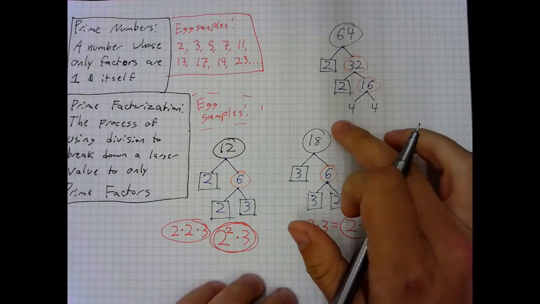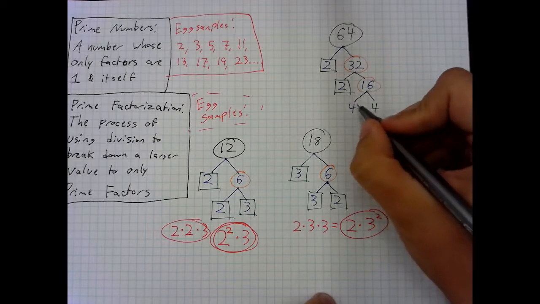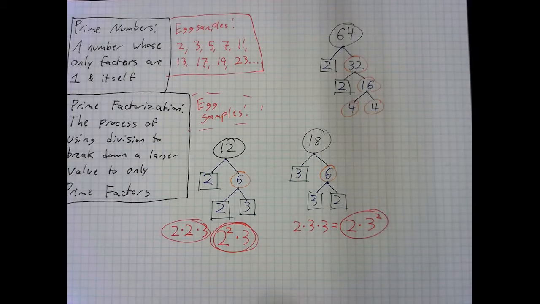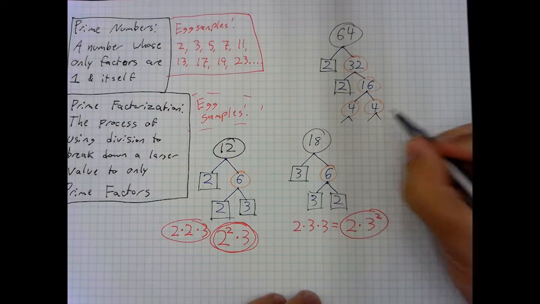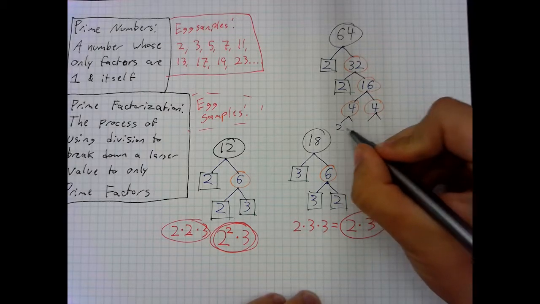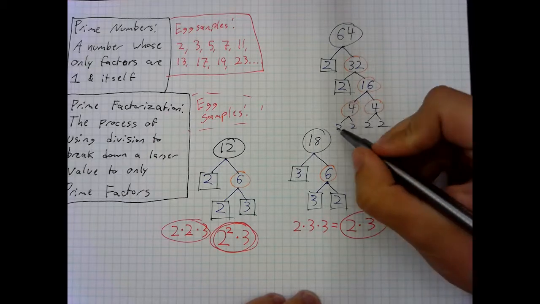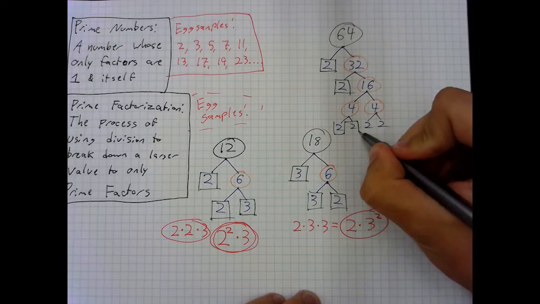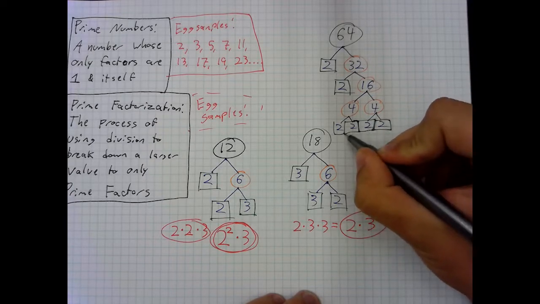And 16 divided by 4 will give me another 4. This is a square number after all. I'm then going to break up both of those 4s into a pair of 2's. 2, 2, 2, 2. And I'll take a shortcut by going ahead and drawing my boxes like that.